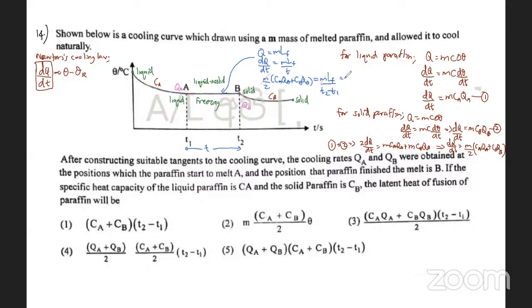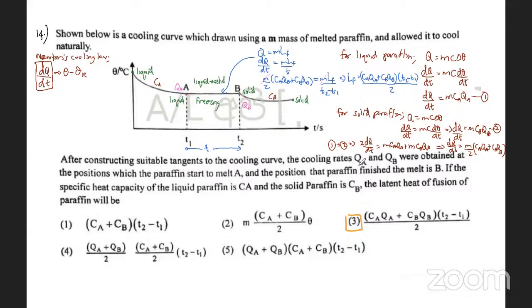Okay, if you have any problems, we can have a discussion. L_F for me is equal to C_A Q_A plus C_B Q_B, times T2 minus T1, over 2. I'm getting the third. If you have got any other answers, let's have a discussion, or if you have any doubts to be clarified. Oh, it's a cool question.